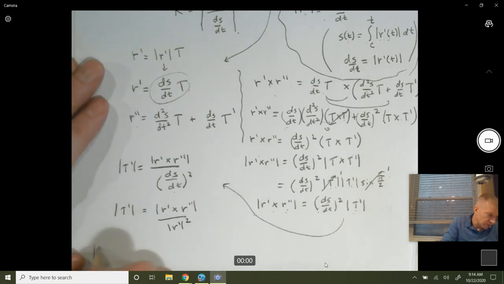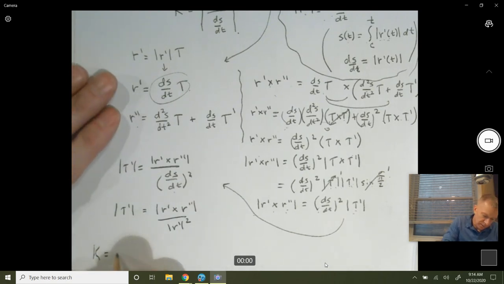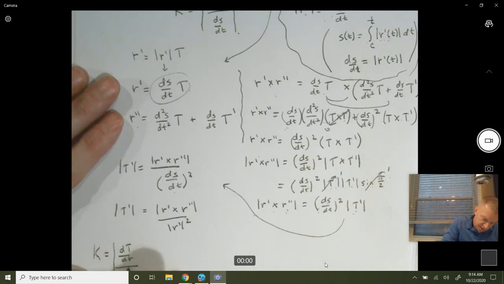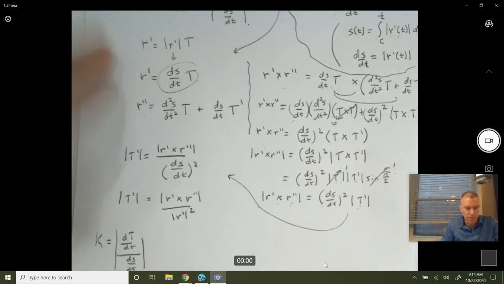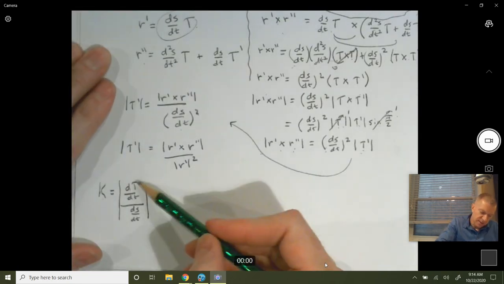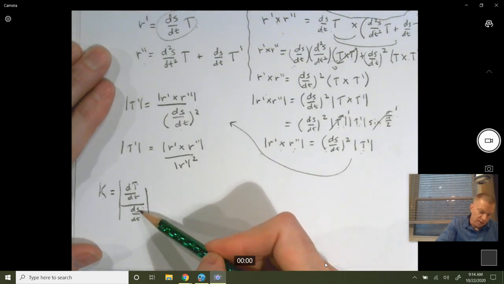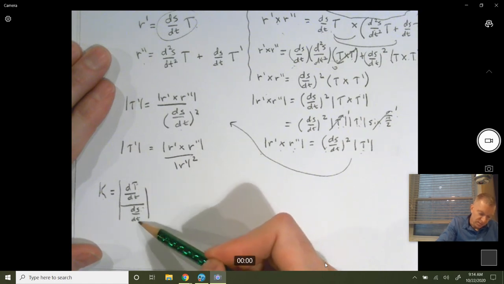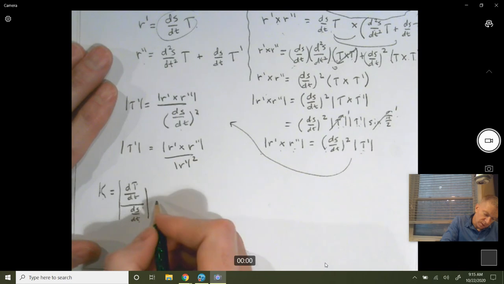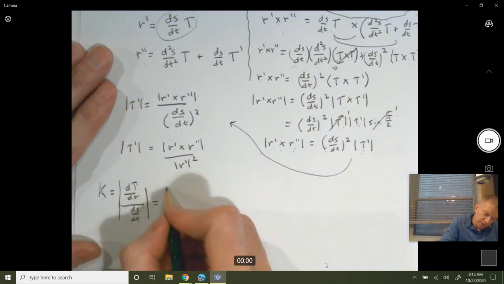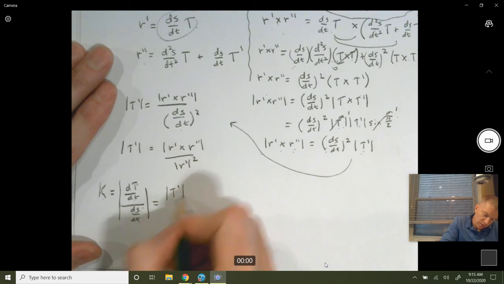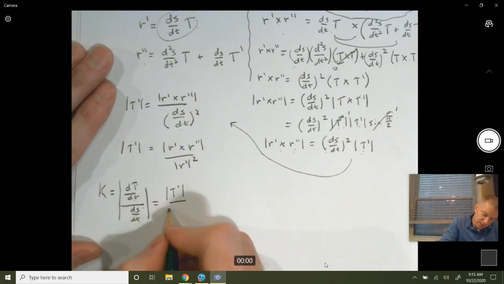Well, remember what curvature equals. Curvature equals the magnitude of dT/ds. And we started with curvature being the magnitude of dT/ds. But then we can take the dT/ds with the chain rule and take dT/dt over ds/dt. Okay, that's curvature, which is really just the magnitude of t prime over ds/dt, and ds/dt is the magnitude of r prime.